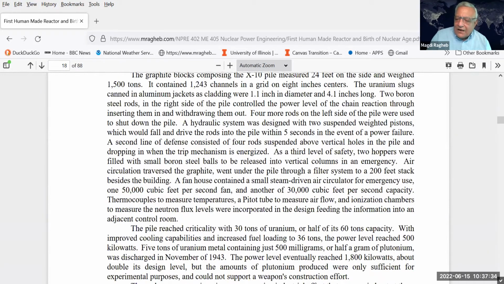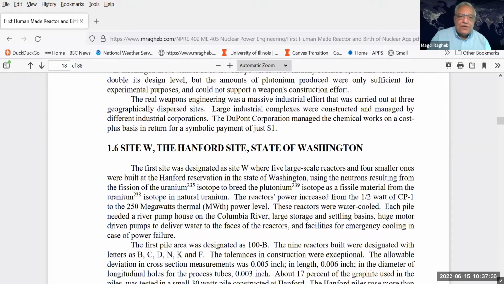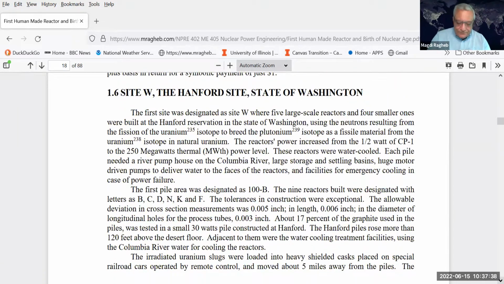So now we have two processes by which we can produce the fissile isotope, either plutonium-239 or uranium-235, that can fission with zero energy neutrons. Along this line, they needed to build even larger reactors than the X-10 reactor at Oak Ridge National Lab.